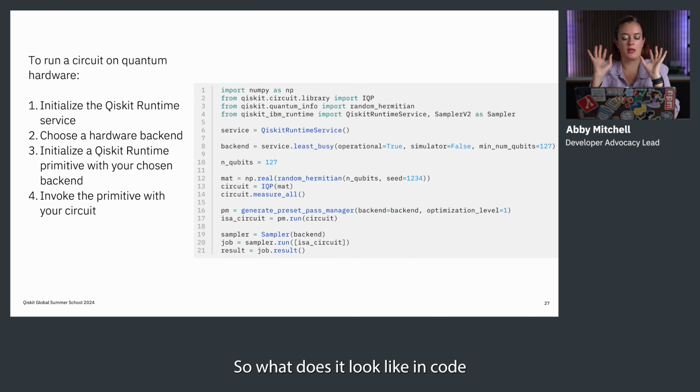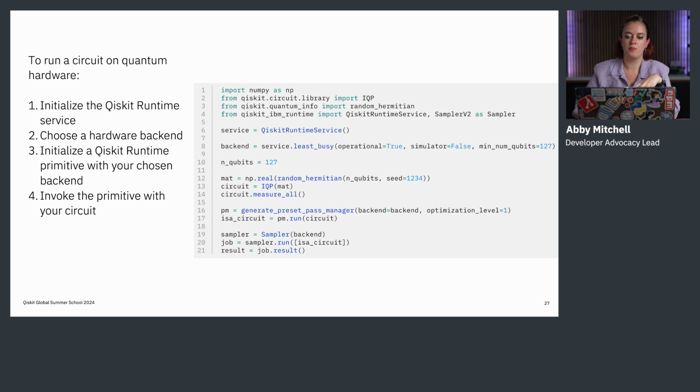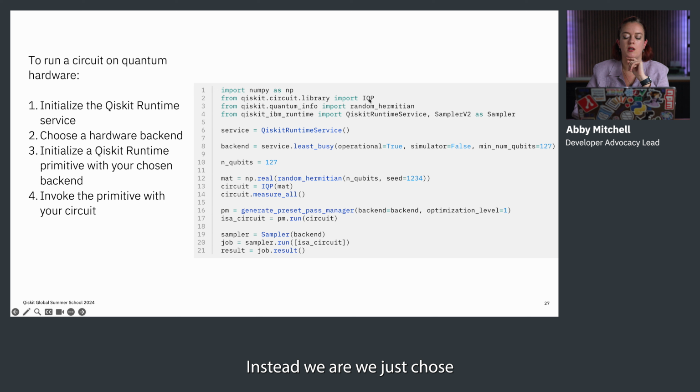So what does it look like in code to run a quantum program using the primitives? The first example I have here is of the sampler primitive. Here we're not using the same circuit we used earlier. Instead, we just chose a standard circuit from the Qiskit circuit library.